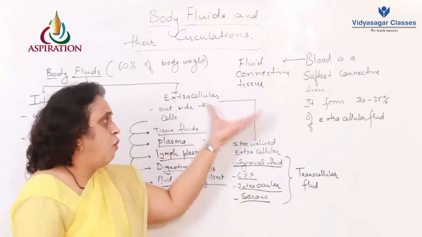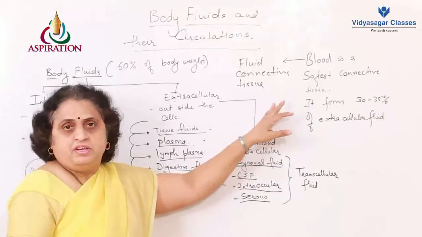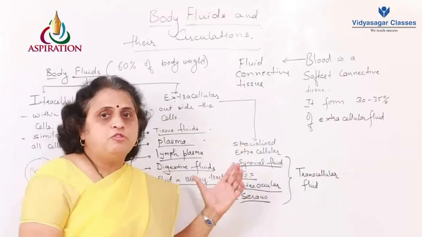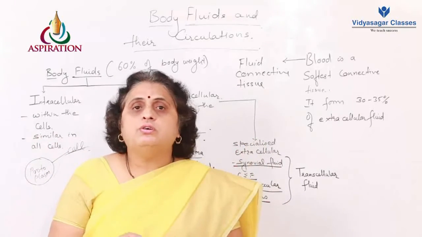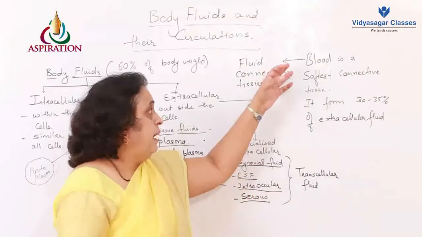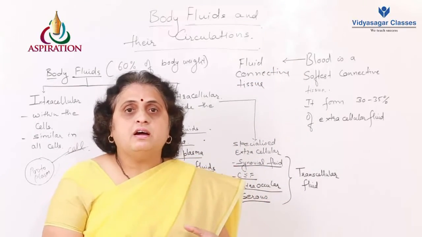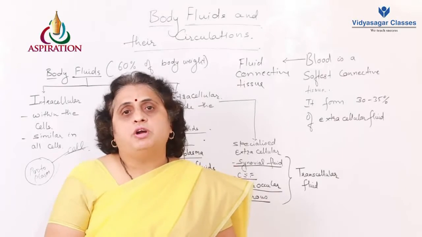Now, when we have seen so many fluids, our major concentration comes to the blood, which is our primary circulating fluid. Because if you observe, the majority of the fluids that we have on the board are not going to circulate to a greater extent. But the blood has maximum mobility. The blood is the fluid tissue which circulates within our body.